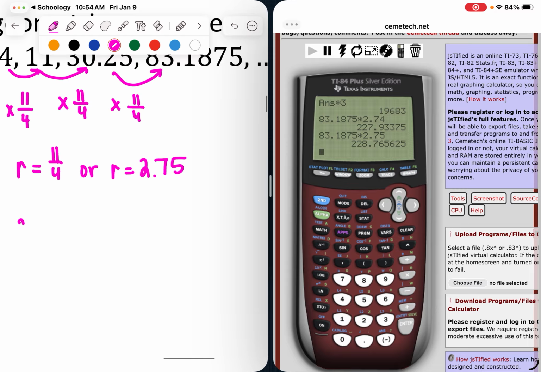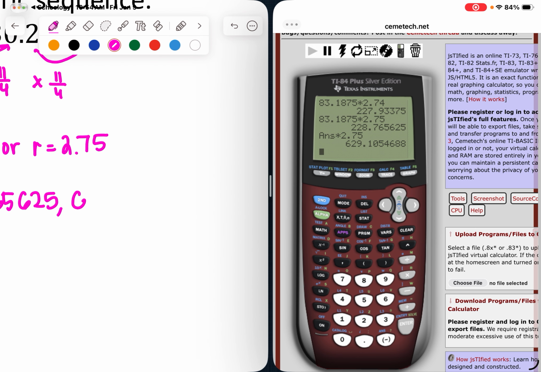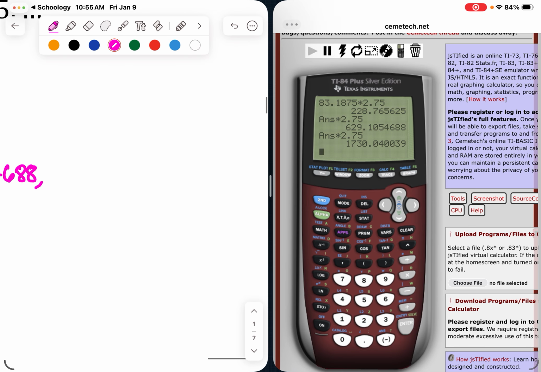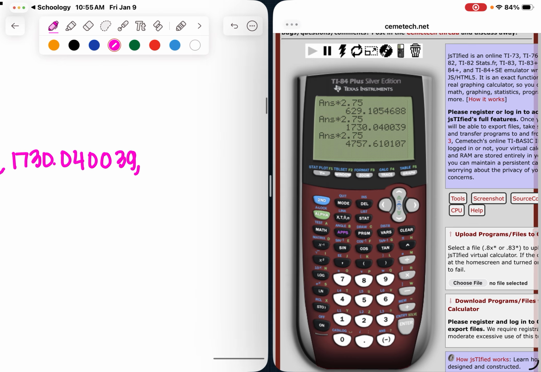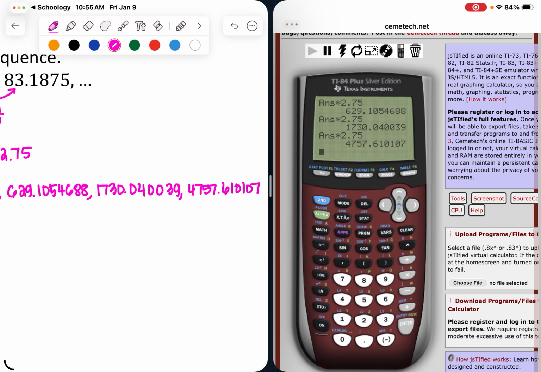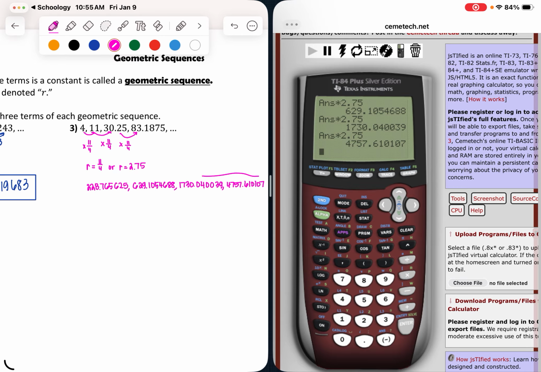Okay, so we have 228.765625 times 2.75, enter, is 629.1054688, enter, 1730.040039, enter, 4757.610107. Okay, you might be asking yourself, do we have to write down all those numbers?